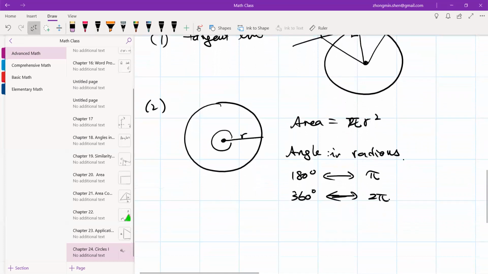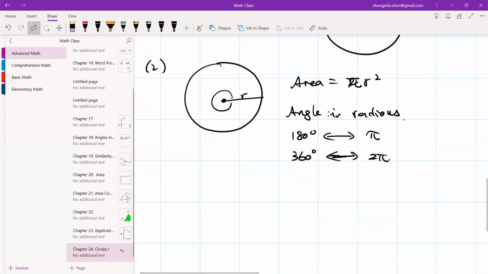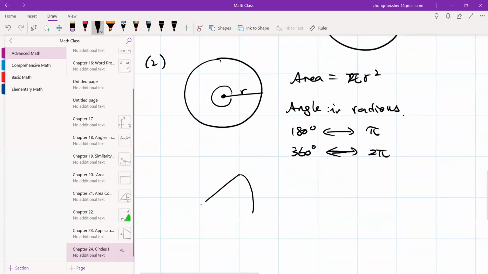My question is, if you know the area of the whole circle is pi r squared, and I give you only a sector, a portion of it, where this angle is theta in radians, what is the area of this portion? Can you write the formula in terms of theta?